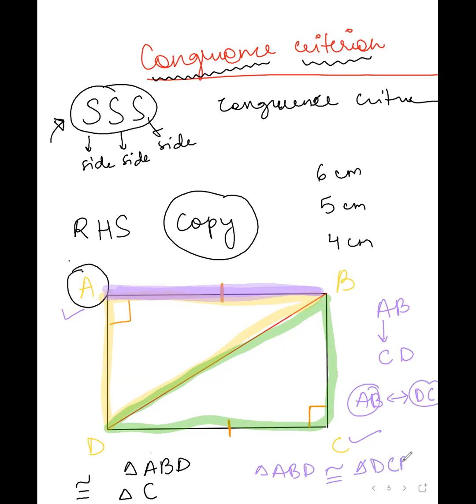Now there will be a problem here because your angle A is 90 degrees. According to what we have written here, what is the first letter in this one? A. What is the first letter in this one?